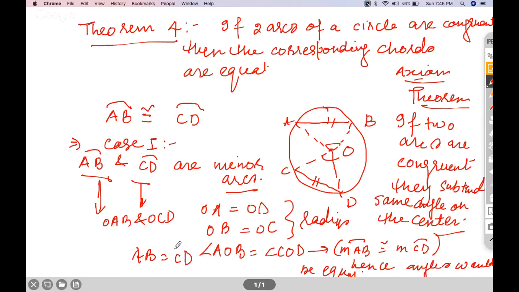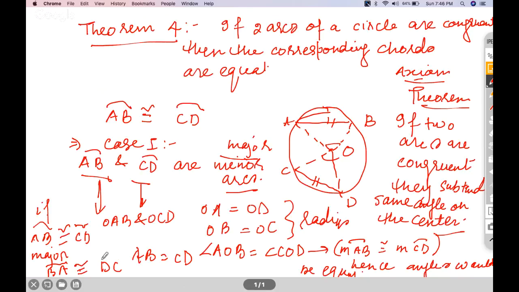Now in case of major arc, if in case of minor I write major, I have to write like this: if minor arc AB is congruent to CD, hence major arc, so AB is minor arc, so I'll write BA, major arc BA would also be congruent to major arc DC.